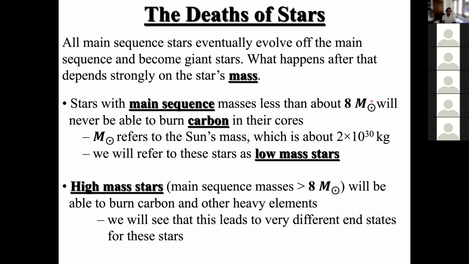And they cannot burn carbon into these heavier metals. And all these high mass stars, with main sequence masses greater than 8 solar masses, will be able to burn carbon and other heavy elements, right? So they will take a different evolutionary path because of that. Now in this particular presentation, I will be talking about what happened to these low mass stars.